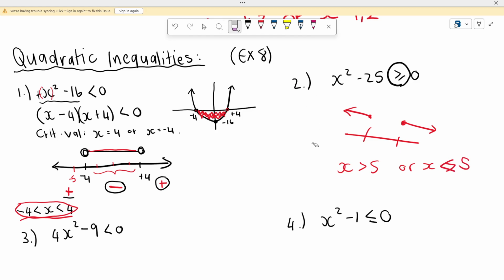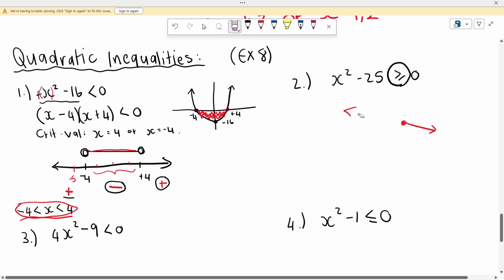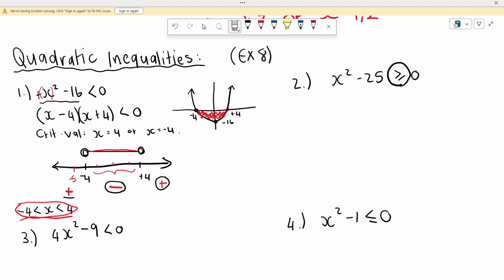But if you have a continuous line, you're going to have a continuous inequality. So like this one here, where you can see we have a continuous line. It's not like this way and this way. I hope that makes sense to you guys. Okay, so this is the final answer that I want for that question.